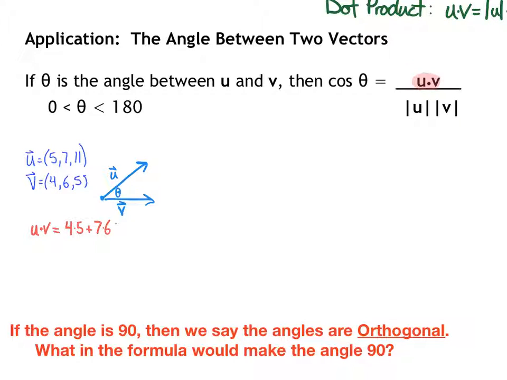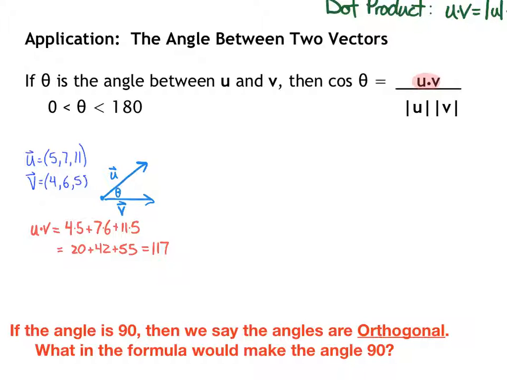Good. Plus 11 times 5. So now that's 20 plus 42 plus 55, and if we add all that together, we get 117.